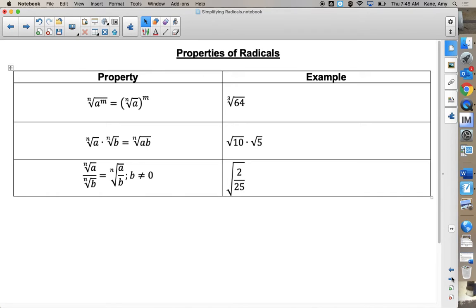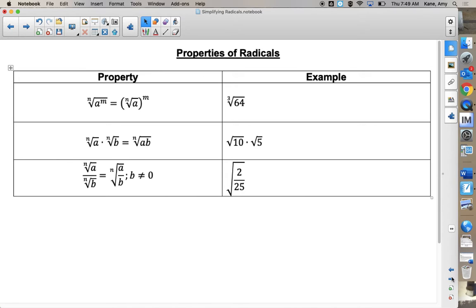So 3 different properties. The first property looks a little weird because we have a couple different powers happening here, or exponents. But the n is the index. The m is the power of whatever is inside. And we can write that 2 different ways. So these are equivalent statements.